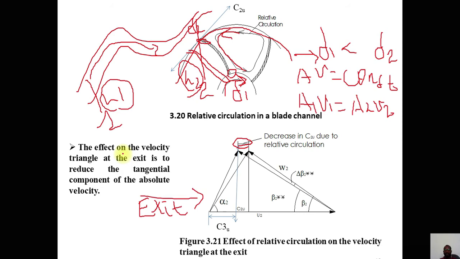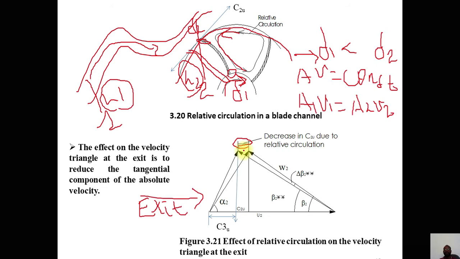But if you take at exit, C1U is increased by this amount. That means decreasing from C2U by this amount, and adding it to the C1U by this amount. Why? Because the direction of flow is toward the C1U position. That's why this one is in the negative direction, this one is in the positive direction.